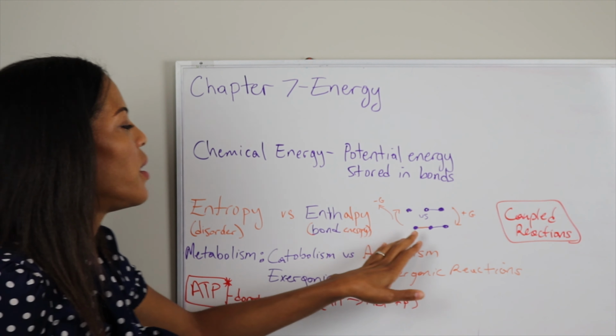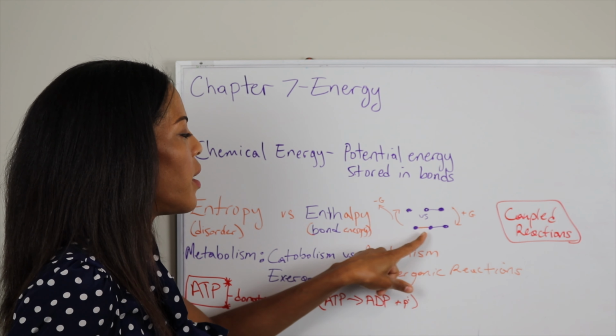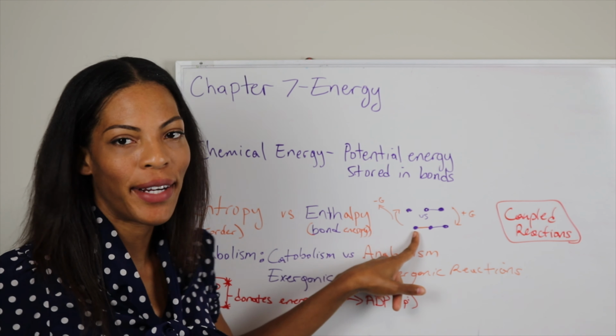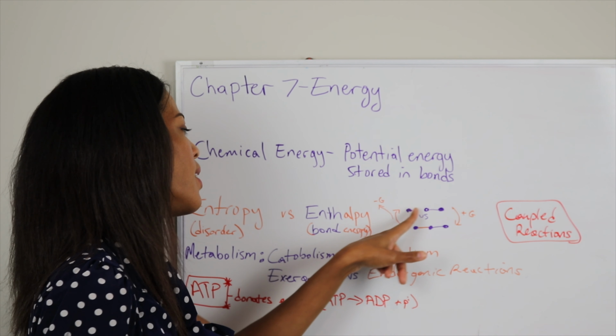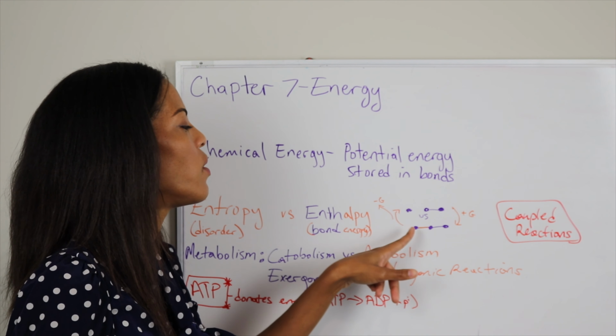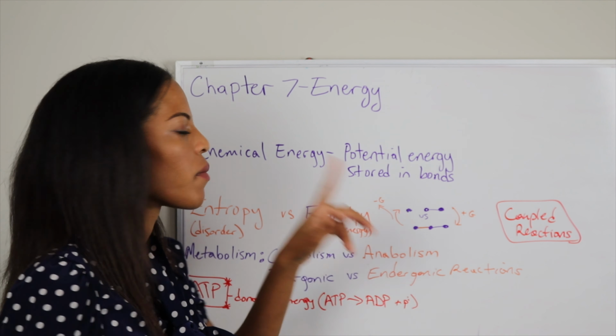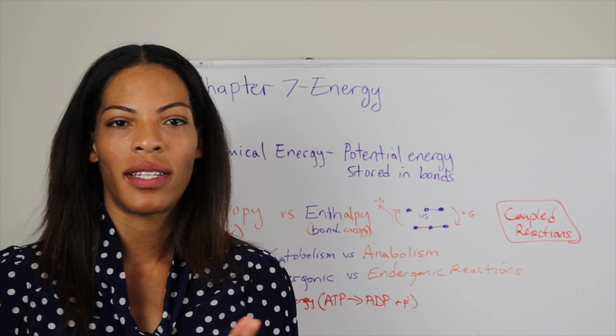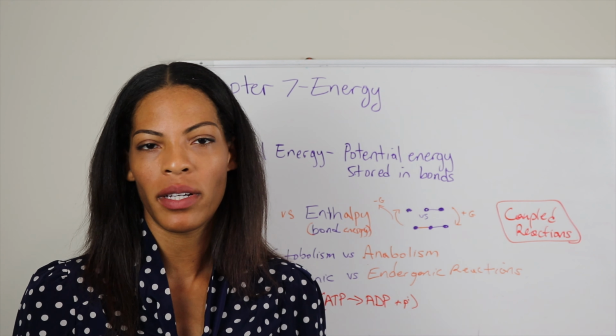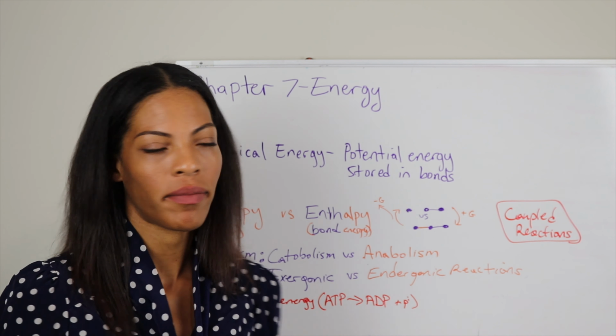Okay. So in these two examples here, this bottom one has higher enthalpy than the top one, okay? Because this one has 2 bonds, this one only has 1 bond. So now we have to connect these two things together. We just talked about entropy, we're going to connect it with enthalpy.